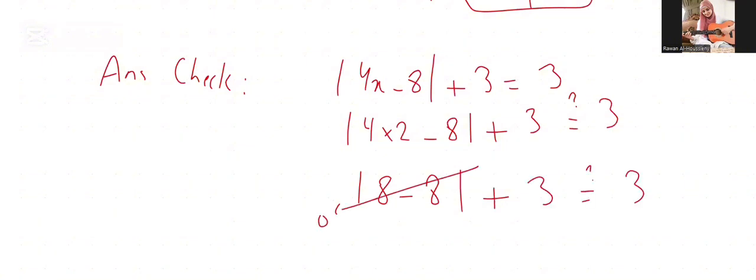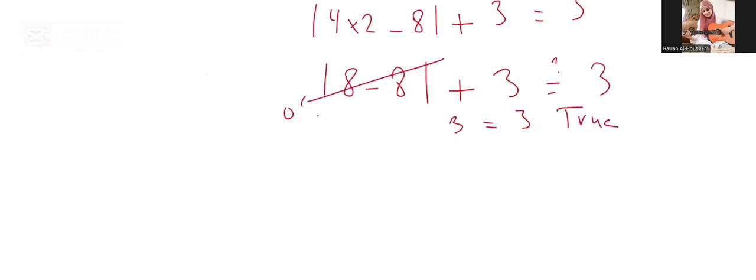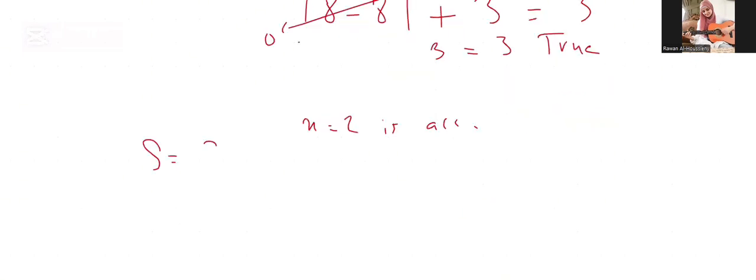Does it equal 3 or not? So this 8 minus 8 becomes 0, so 0 plus 3 is equal to 3. It's equal to 3, so this is true. Then we can say that x equals 2 is an accepted value. So now the solution we have is S equals 2.